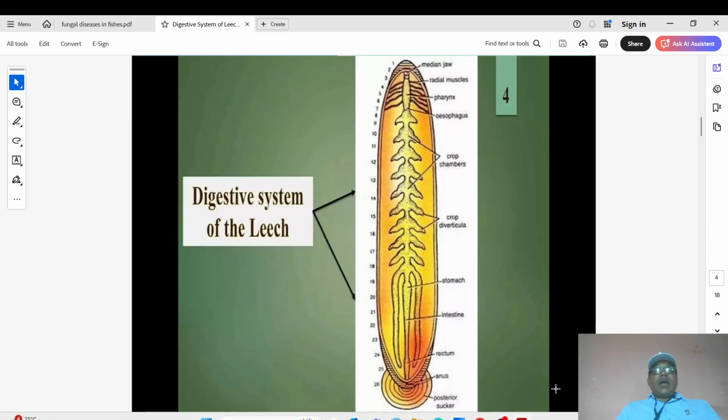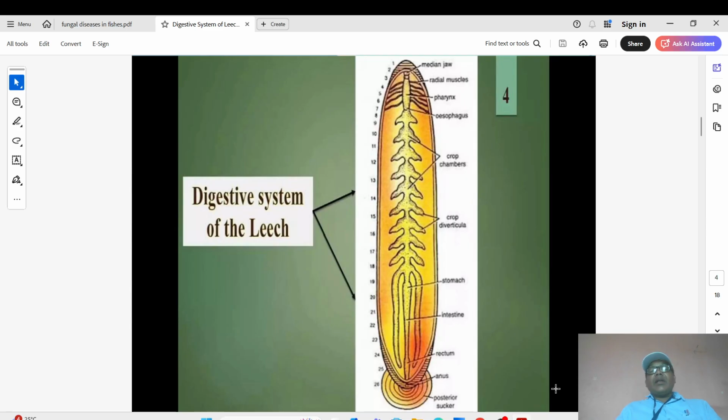See, in this figure, these are the details of digestive system of leech, and all the parts are clearly shown. That is the median jaw, it is found at the mouth region, and radial muscles are there in the pharynx.